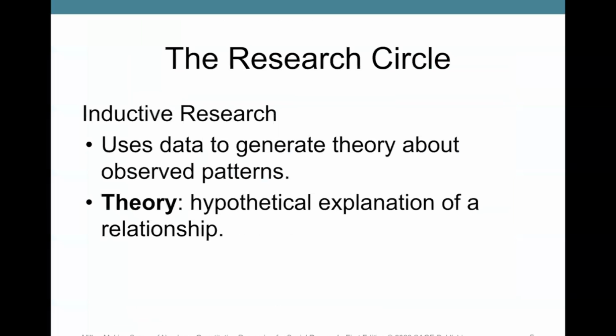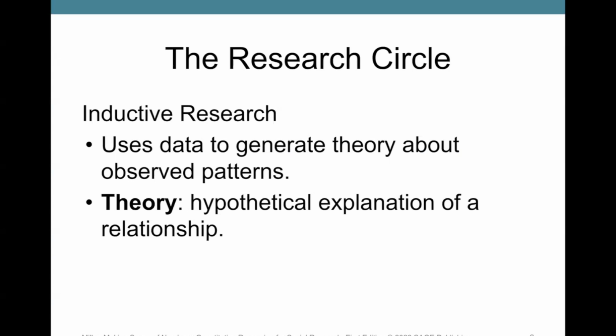Let's look at inductive research. Inductive research starts with data. It uses data to generate theory about observed patterns. From data and analyzed data, a researcher starts to surmise, guess, or hypothesize plausible relationships that exist amongst the data.